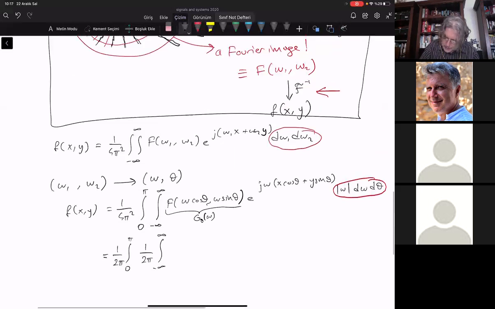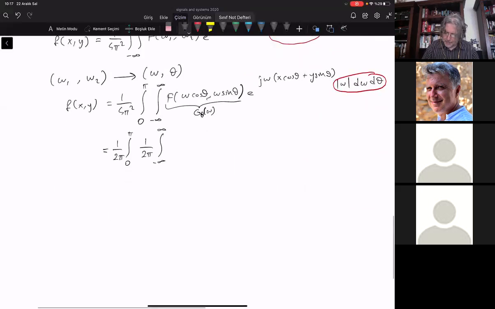G theta of omega. And then I will put the absolute value of omega here, and e to the j omega x cosine theta plus y sine theta d omega d theta.